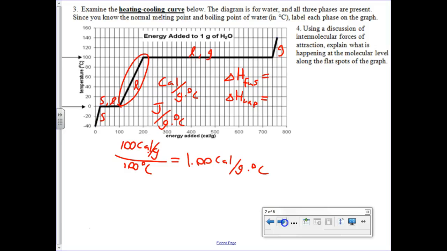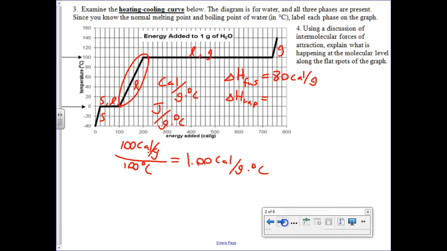These describe the amount of heat that's required to undergo these phase changes. You can figure out these quantities from the graph as well. Here's the melting, or the fusion rather. How much energy did we add per gram? Well, it looks like 80 calories per gram. So this can be pulled off of your graph as well.